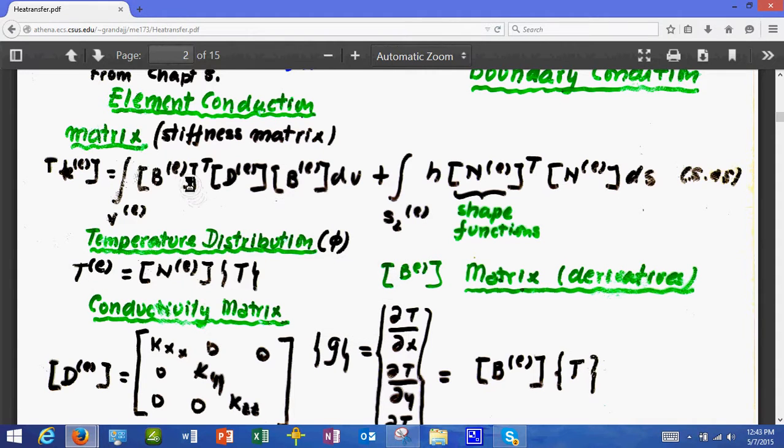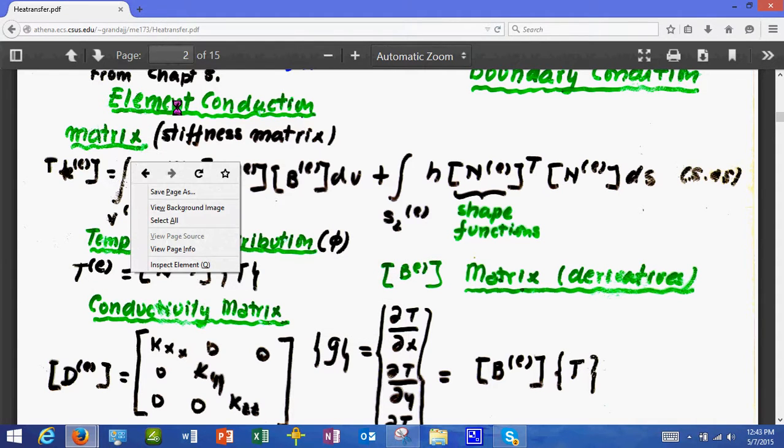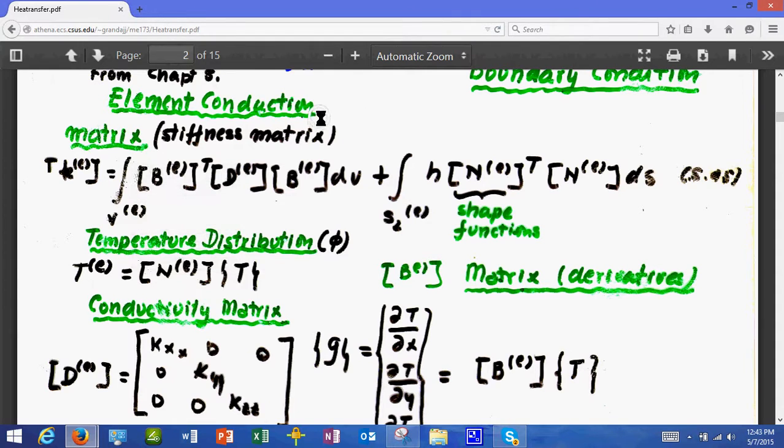That's where you see the calculations where we say element conduction, or stiffness matrix. Using the methods of chapter 7, the author takes advantage of the fact that you can use matrices and the properties of the elements to establish this individual matrix.